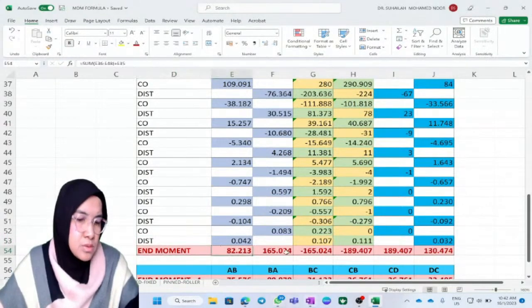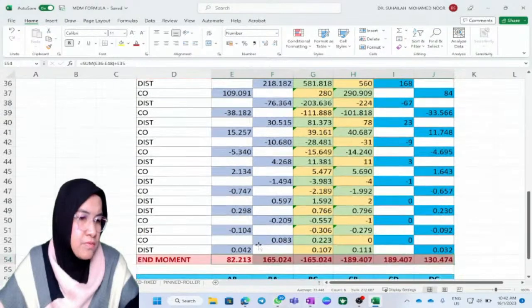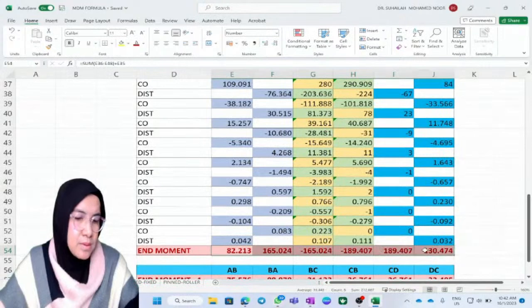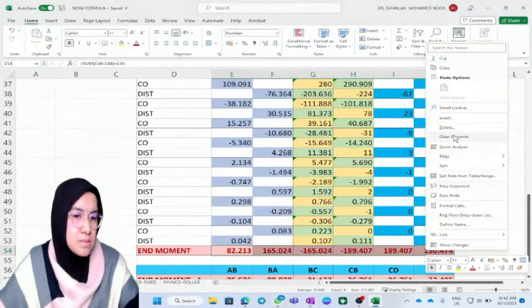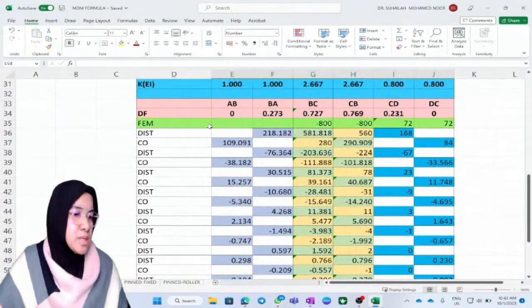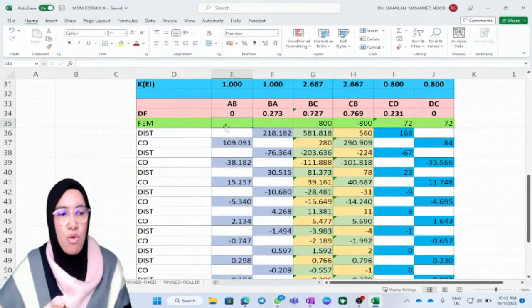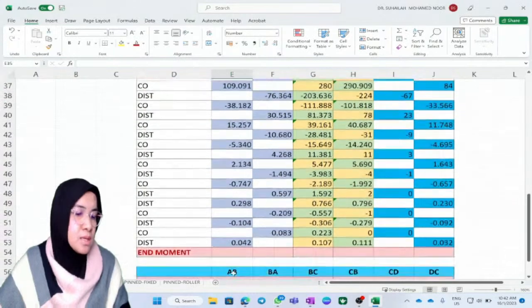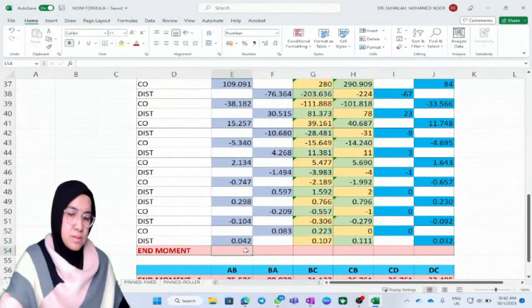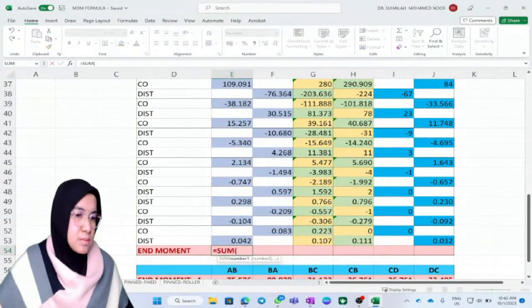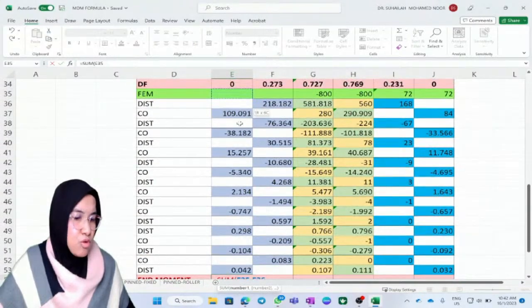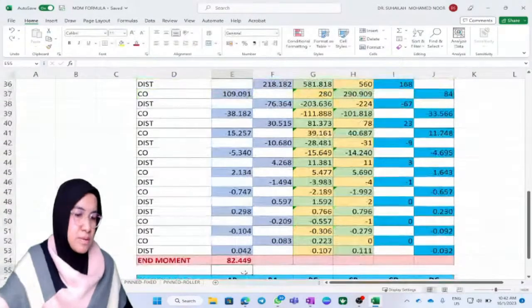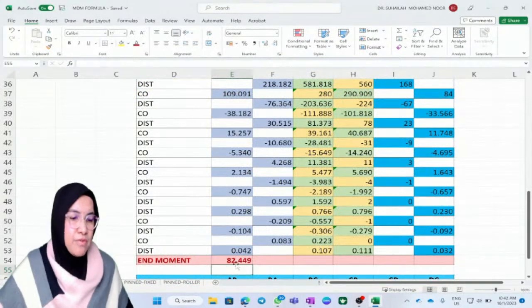Okay, so the answer: total starts from the first fixed end moment, the first moment in the table, until the last distribution. 82.449 for AB.